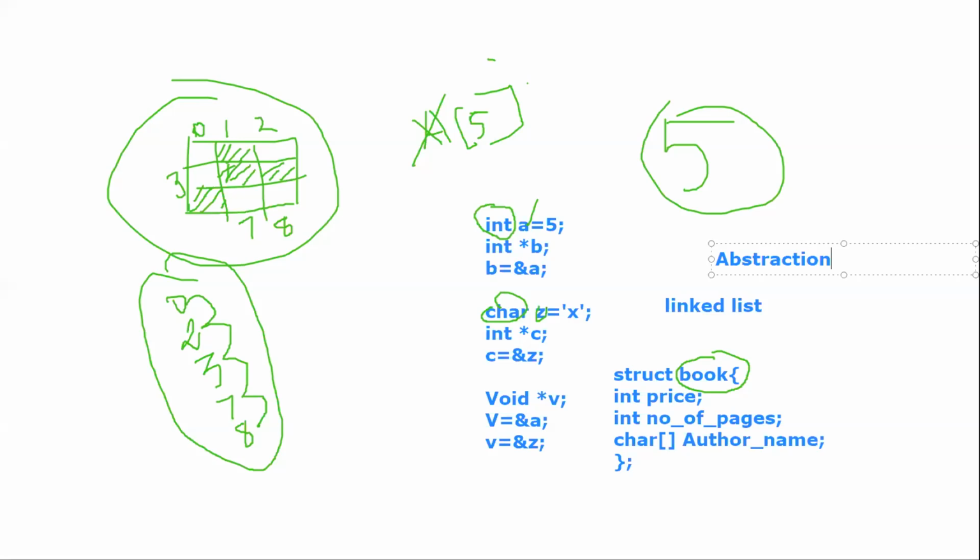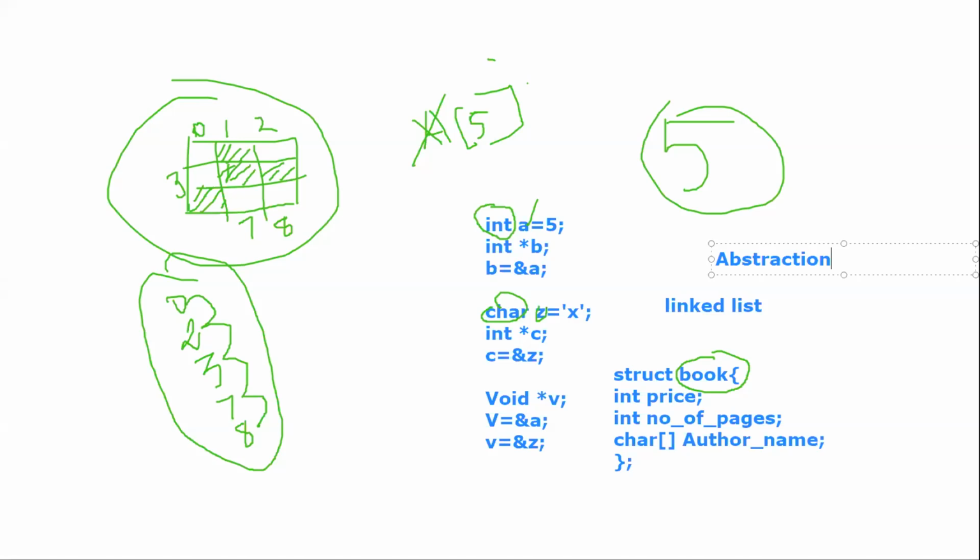You are doing some transaction, your amount is debited. That's all you know. How it is implemented, you don't know, right? That is what abstraction. It does not tell how it is implemented.